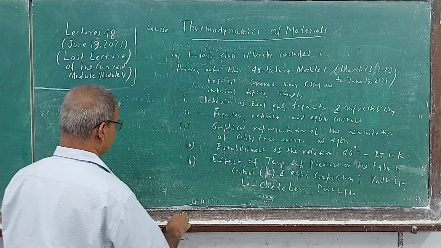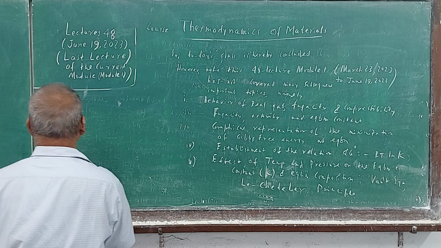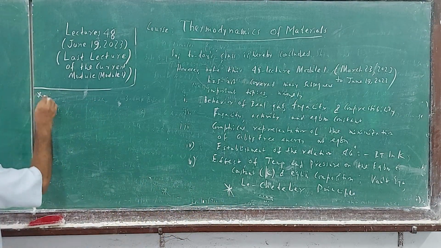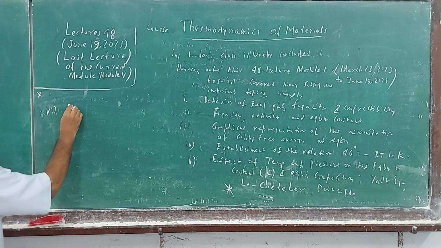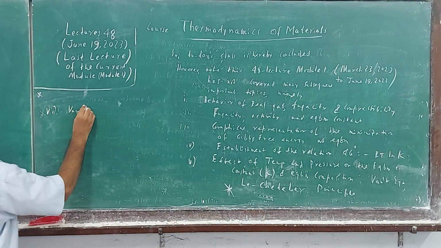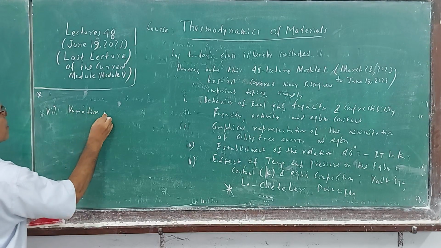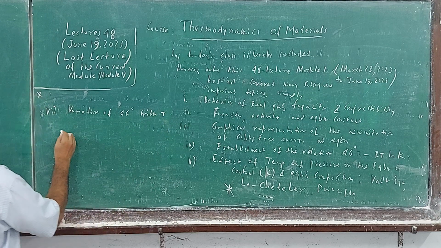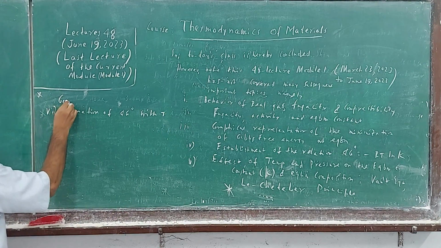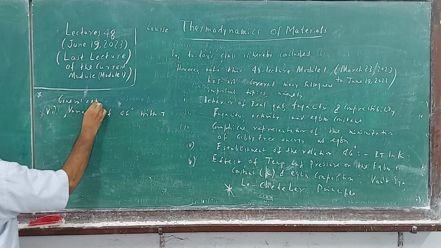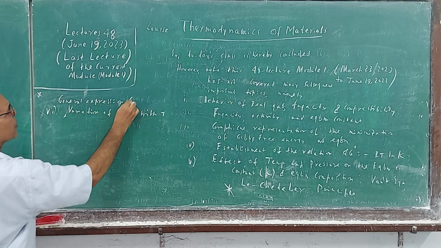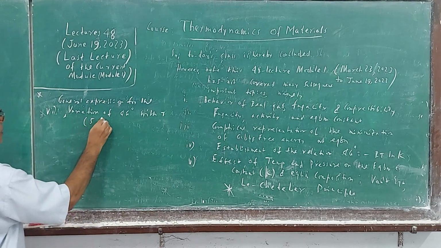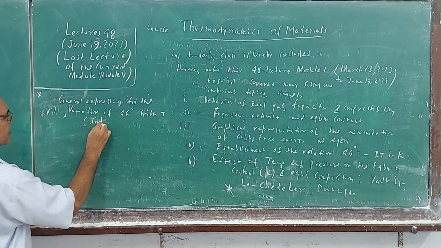Sixth is the variation of delta G0 with temperature, the general expression for the variation of delta G0 with temperature, containing 5 terms.